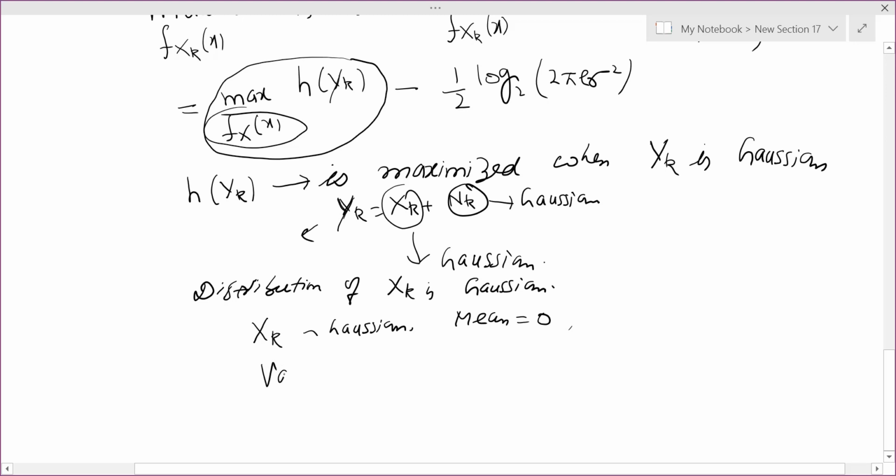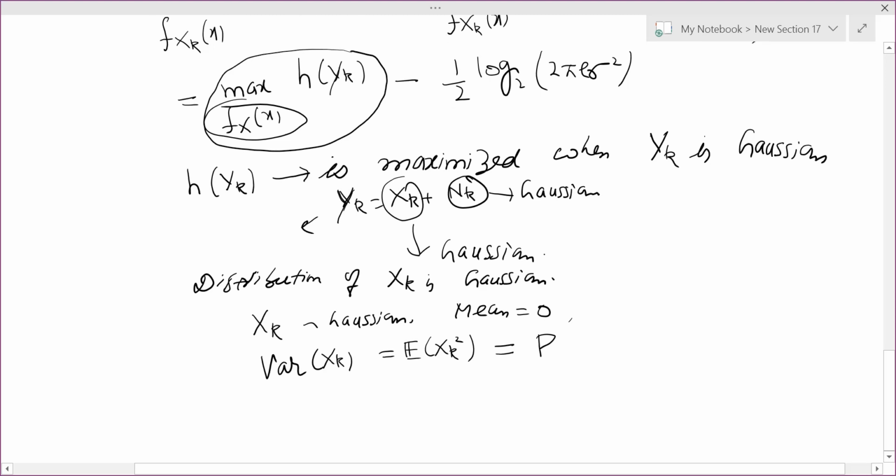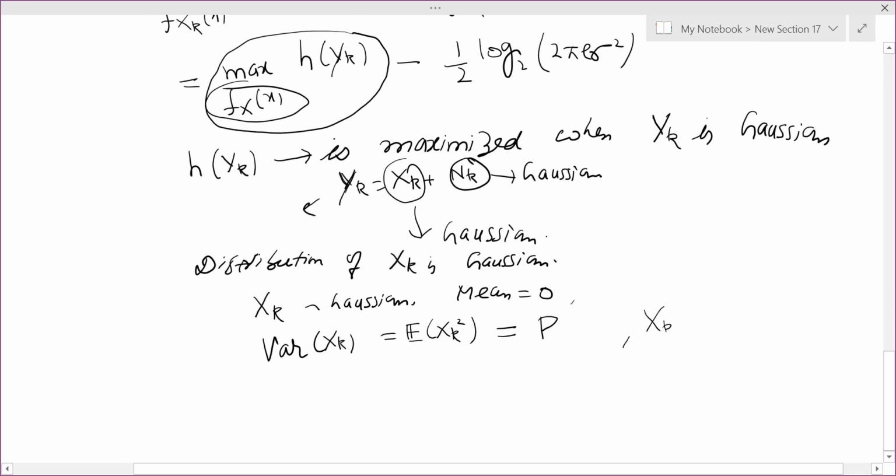Now what will be its variance? It will be expected value of xk square. But we know that we have a constraint on the average power, which is the same as expected value of xk square, that should be equal to p. So the variance of this input should be chosen as p, or in other words, xk, normally distributed with 0 mean and p variance, will maximize this entropy, hence will maximize the mutual information.